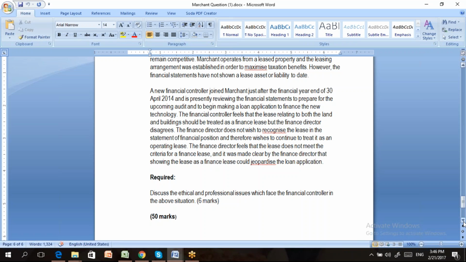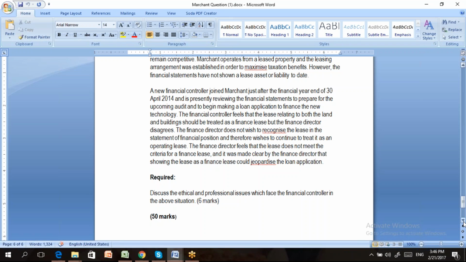Because it will show the obligation, it will show the liability, and the gearing will go up, isn't it? Yeah. Gearing will go up. And that is why I think he's doing this. He wants to be hiding the real true position. Right? Yeah. So let's first discuss the professional issues.